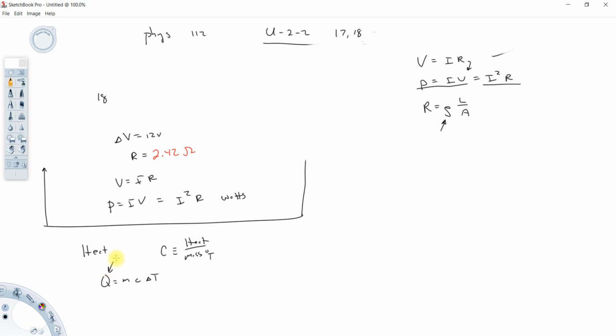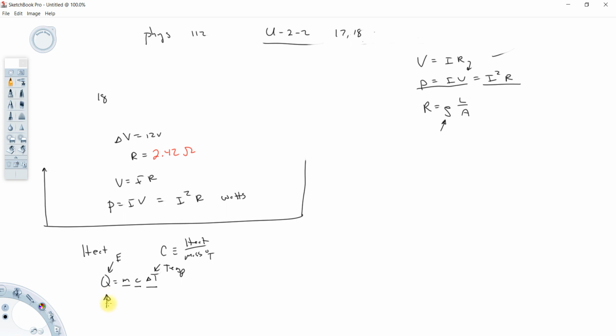This is an energy. This is a temperature change. So in this problem, they gave you a mass, they gave you a specific heat, they gave you a temperature change. You should be able to calculate the heat. That is an energy.